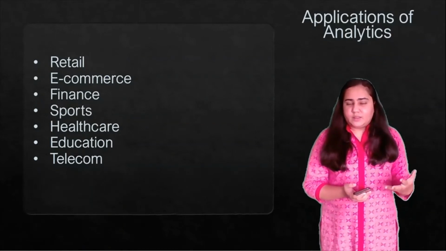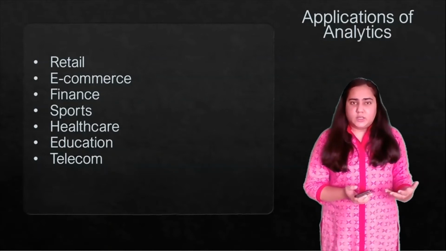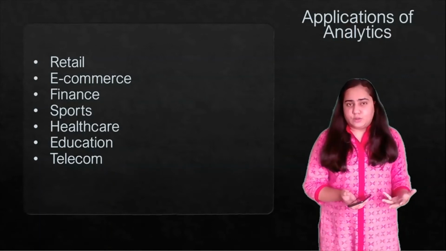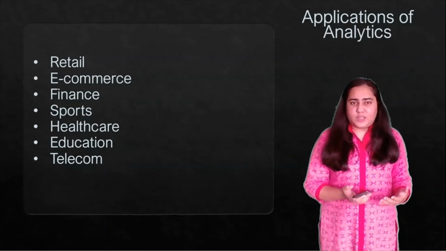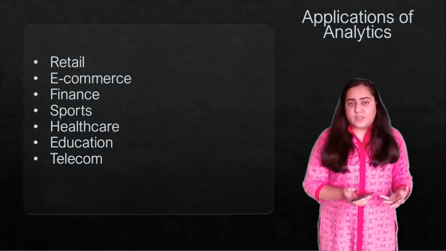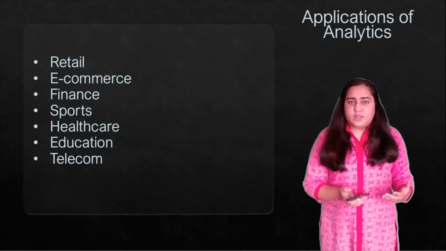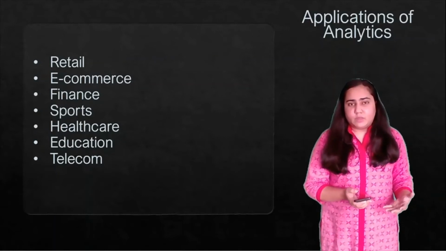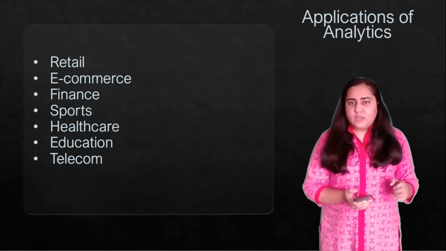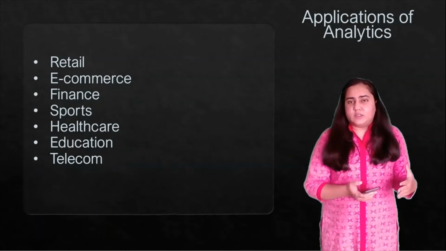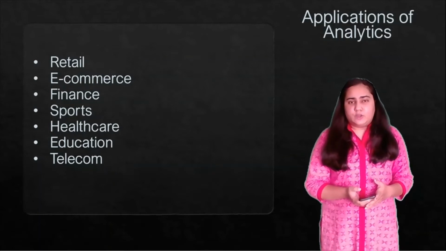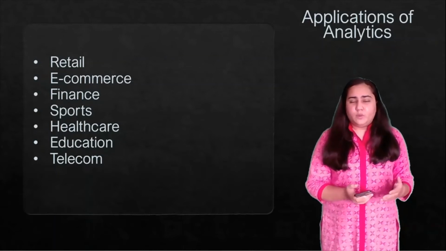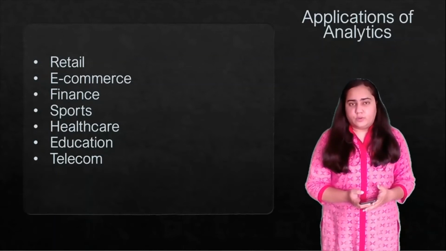And how is this data actually collected? By seeing your search history, by seeing what kinds of items you viewed, what kinds of items you clicked on and checked the details of, what kinds of items you added to your cart, what kinds of items you finally purchased, or what kinds of items you removed from your cart because of some reason. So by seeing all these things, Amazon decides that these are the things you like, and that's how you get personalized recommendations. So this is where, once again, analytics plays an important role.